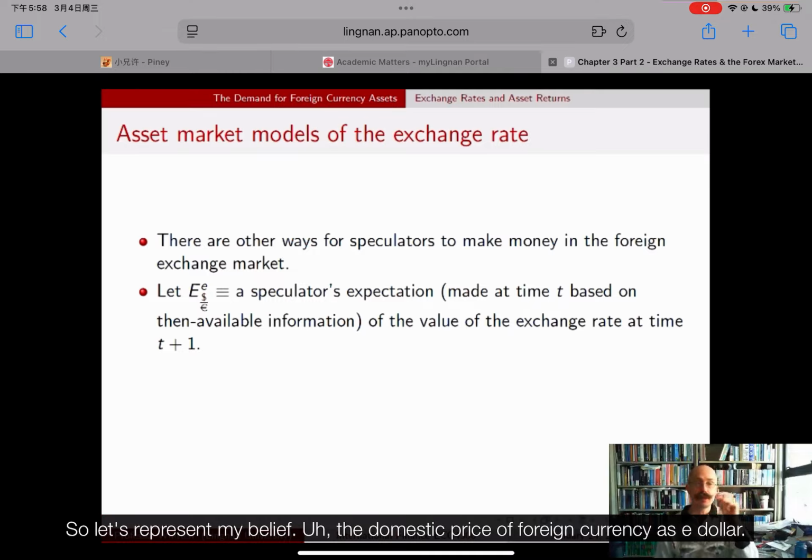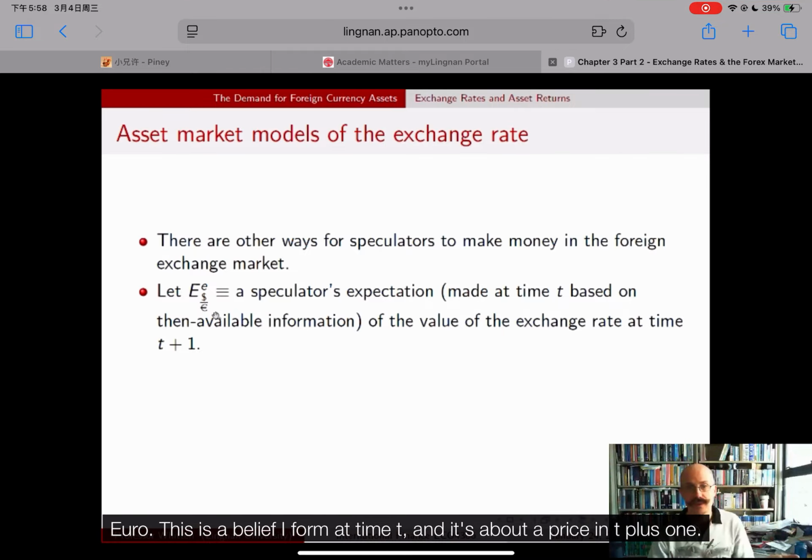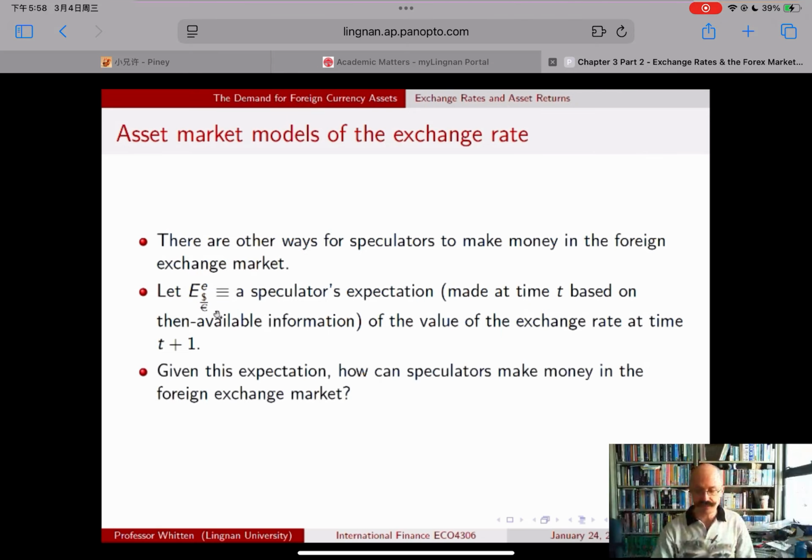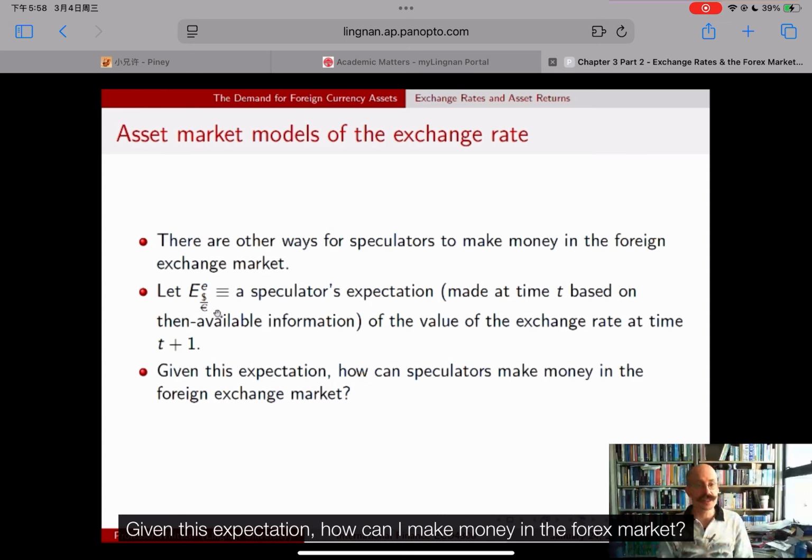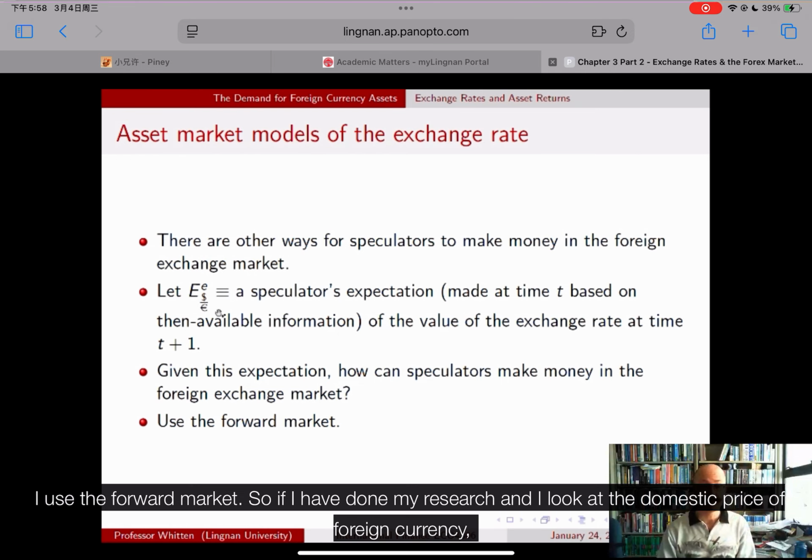So let's represent my belief, the domestic price of foreign currency, as E^e dollar euro. This is a belief I form at time t, and it's about a price in t+1. Given this expectation, how can I make money in the forex market? I use the forward market.